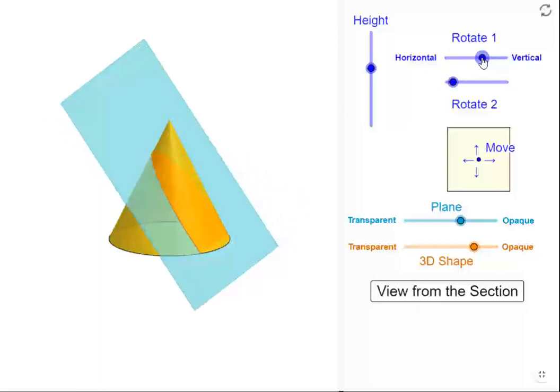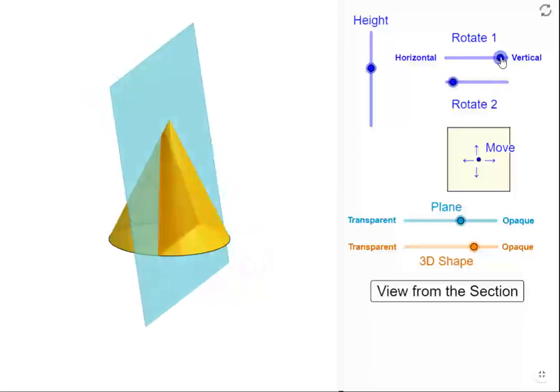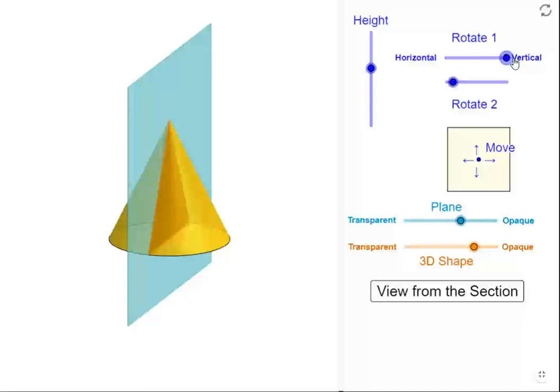When the plane cuts one of the sides of the cone and passes through the base of the cone, it forms a parabola. And when my plane is perpendicular on the base, it forms a triangle.